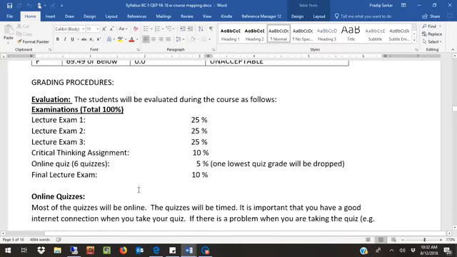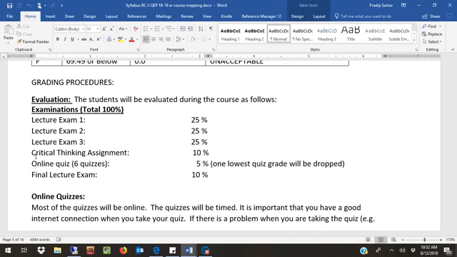In this Biochemistry 2 course, I have 3 lecture exams, 25% each. I have 1 critical thinking assignment, which is linked with the Capstone project that I give in Biochemistry 2. Similarly, as you did the classroom group activity in trimester 1 with the G proteins, here also we are doing a classroom group activity assignment.